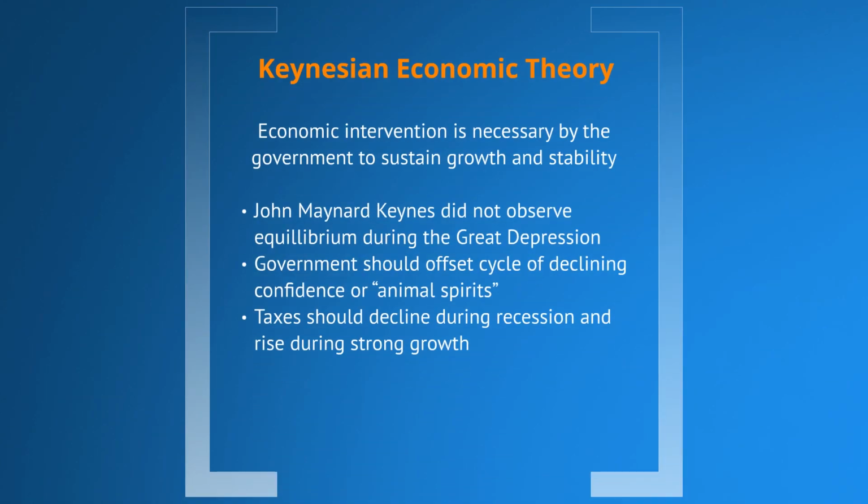This ties into Keynesian economic theory, which is a theory about how the government should react during the economic cycle. When the economy is very strong, maybe getting too strong towards a bubble, which could damage the economy, the government, under this theory, should slow down spending and increase taxes to take some of the air out of that bubble.